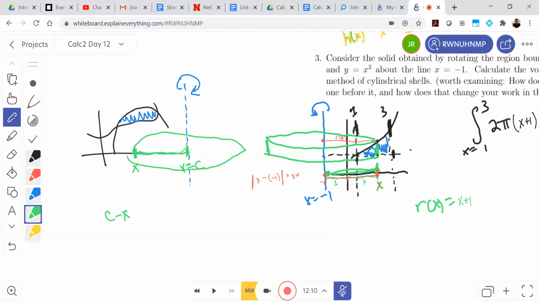This time it matters, because our formula is now 2 pi r. If we accidentally have this incorrect, we'll end up with a negative answer instead of the positive answer that we want. Our volume should always be positive. So there is an interesting wrinkle in how we set up the radius.